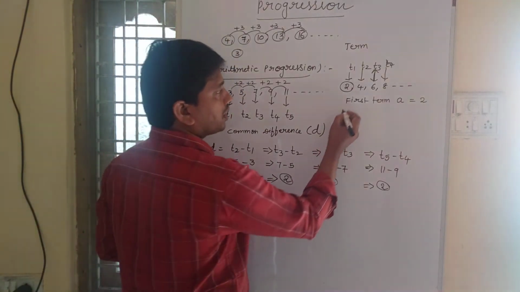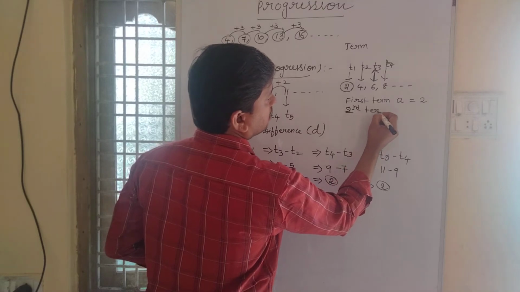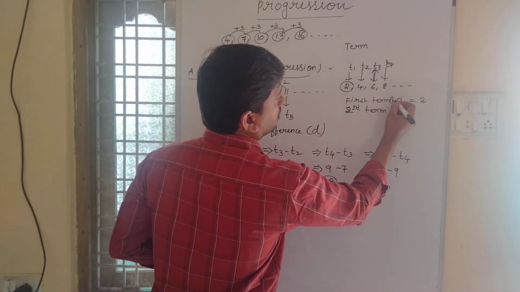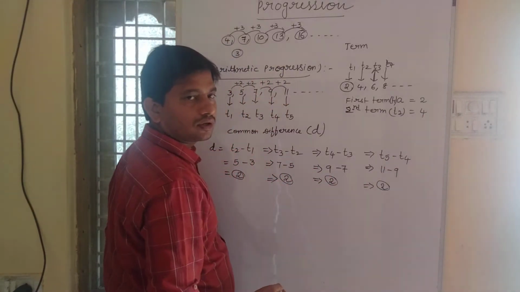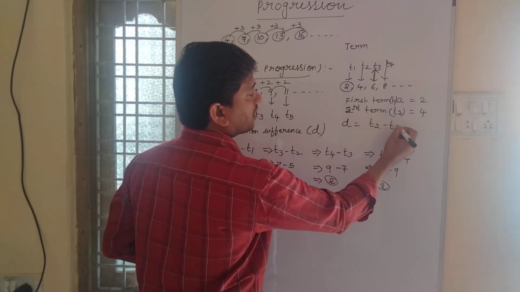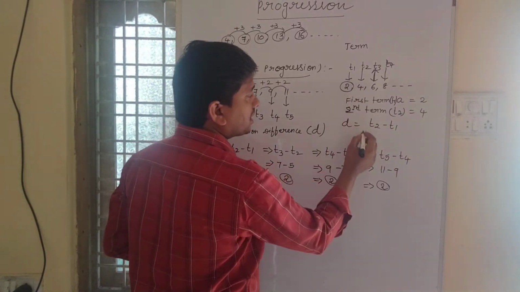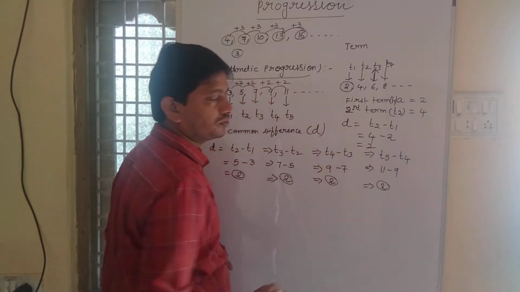You see here the second term is T2, which is equal to 4. So let us find the common difference D, that is T2 minus T1. T2 in the sense 4 minus T1 in the sense 2, 4 minus 2, 2.